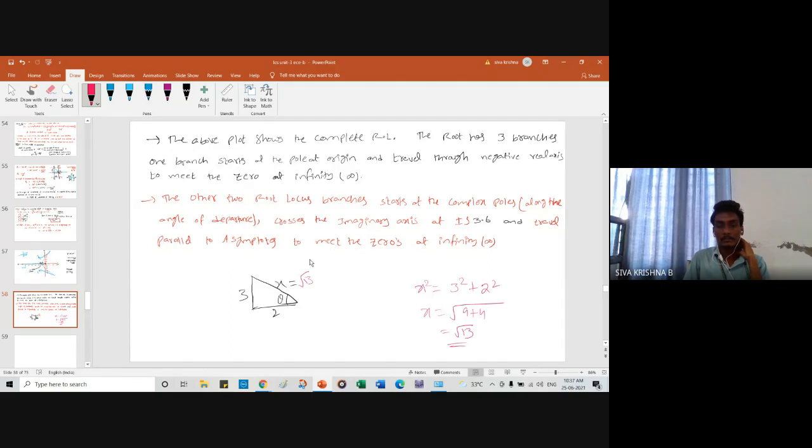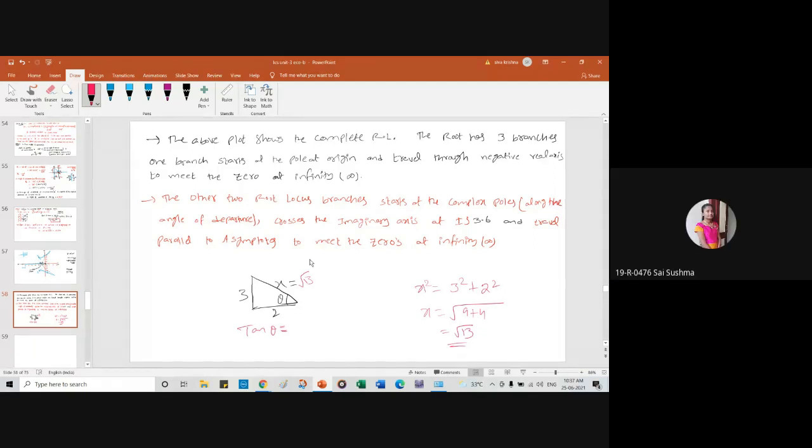What is tan theta now? Tan theta is 3 by 2. Tan is opposite by adjacent, so it is 3 by 2.